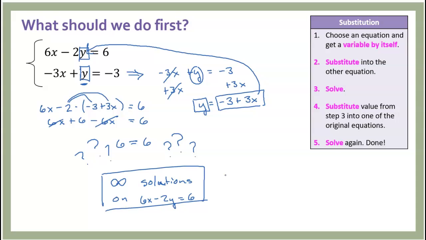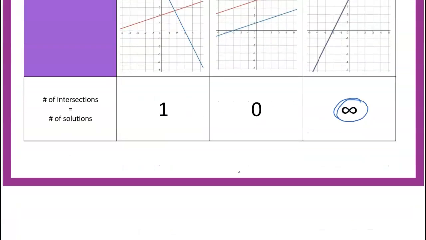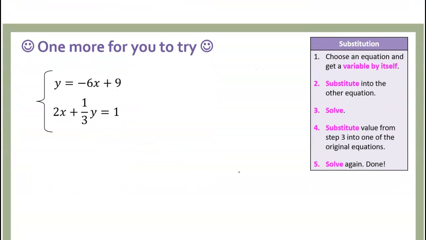Interesting. Okay, so if we get an always true statement for infinite solutions, what do you think we might expect for no solutions? If this is always true for infinite, maybe it's never true for no solutions? Maybe let's try one and see.